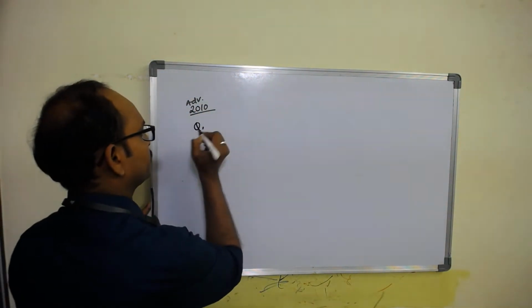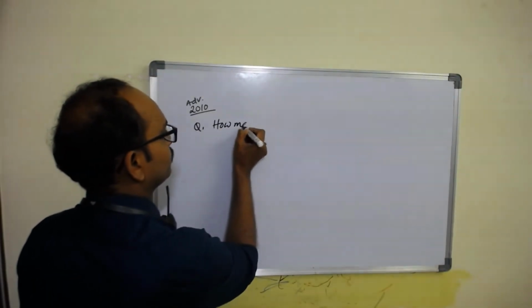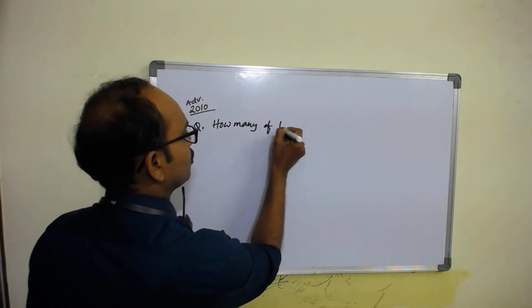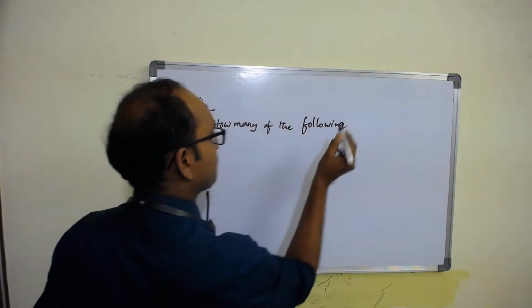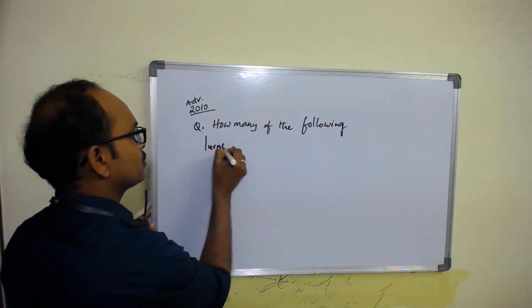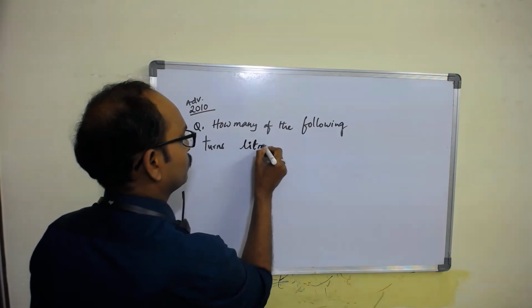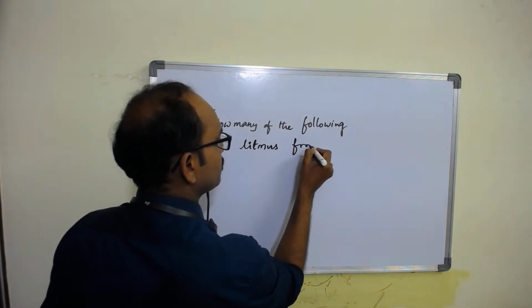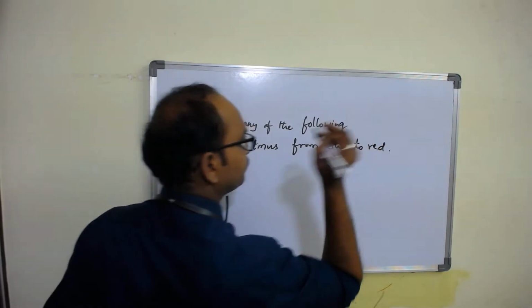The question is this: how many of the following turn litmus from blue to red?